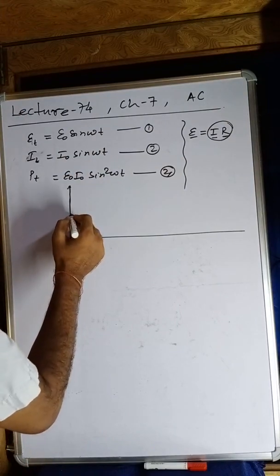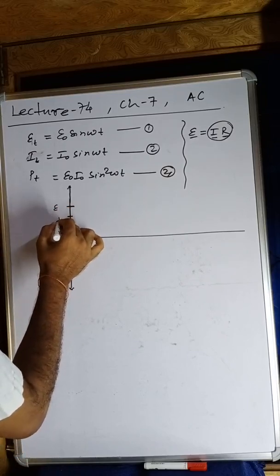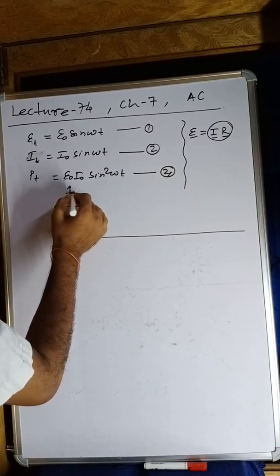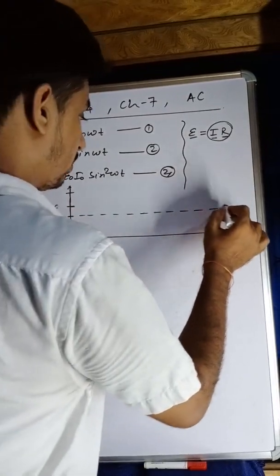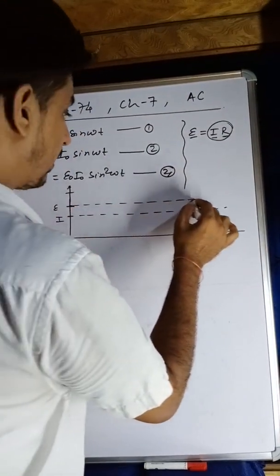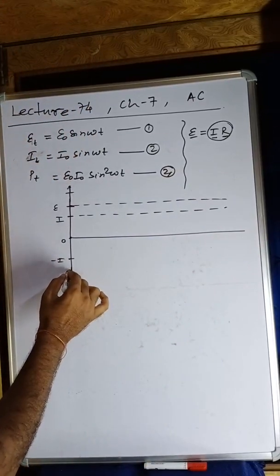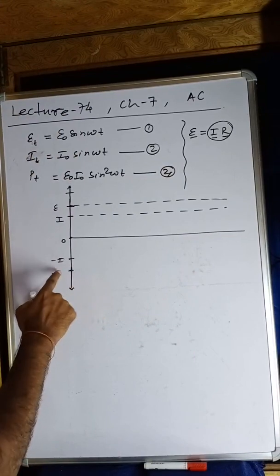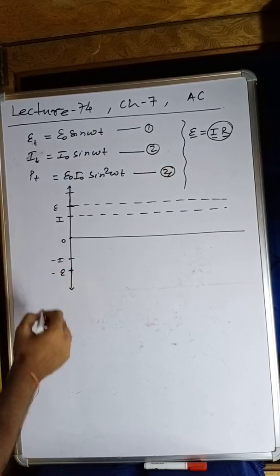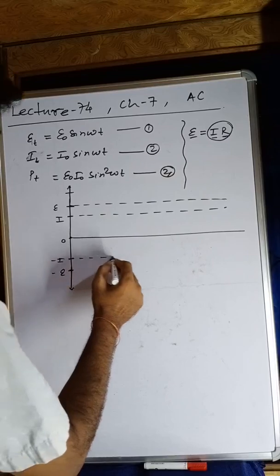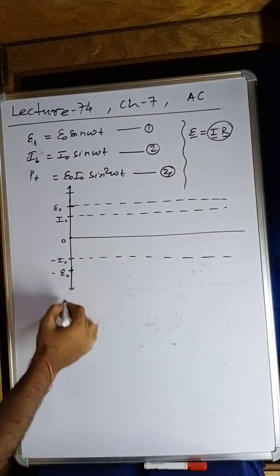Now here, if this is E, this would be I, and this is P. This is the reference of I and this is the reference of E. For the same value, this is minus E. This is the maximum value, E naught, I naught.